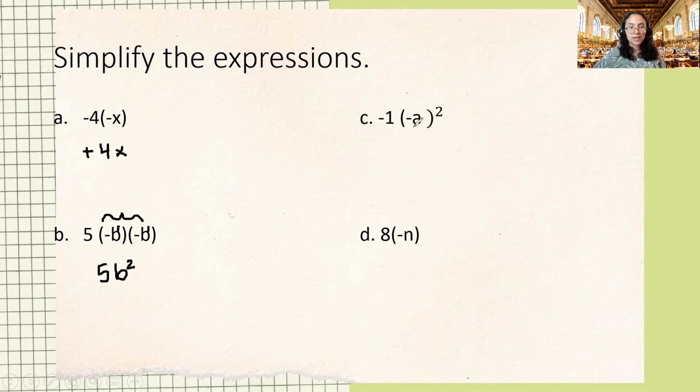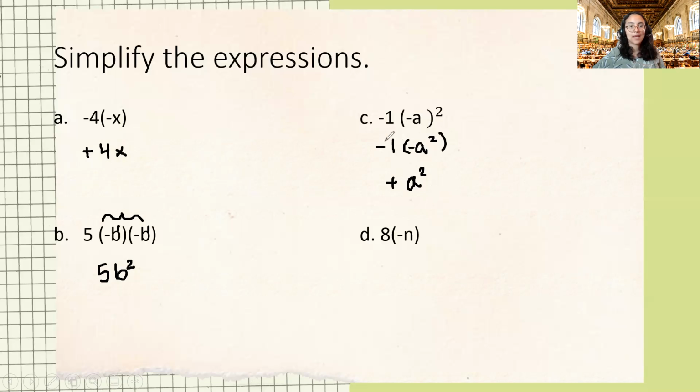For C, I have negative 1 times negative a, and the negative a is raised to the second power. So I can distribute that in so that I have a negative a squared. And I have a negative times a negative, so I know that my final answer will be positive. And I have 1 times a squared, so my answer is going to be positive a squared.